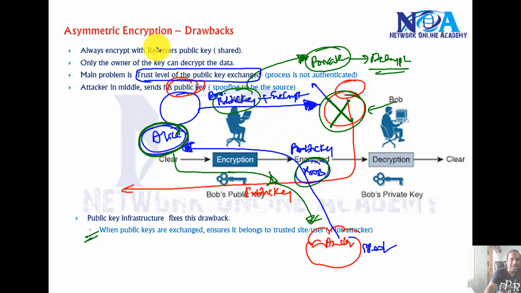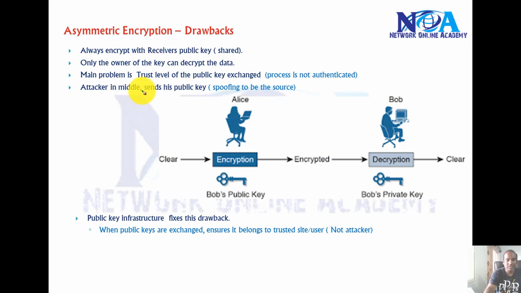So this is one of the drawbacks with the asymmetric algorithms, where the attacker in the middle can send his own public key and spoof to be the source, because the process is not authenticated.